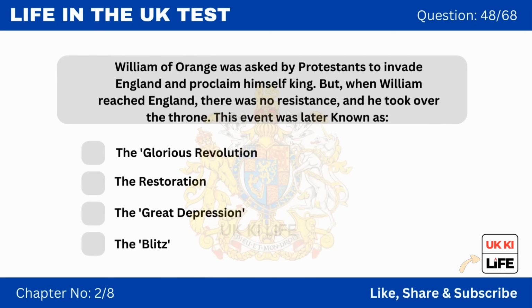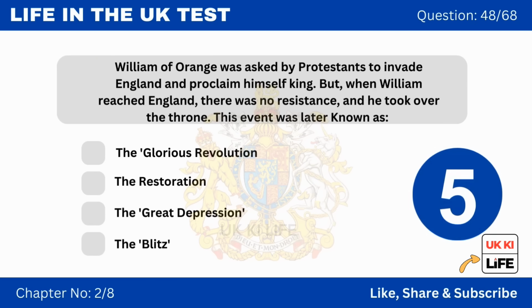Question 48. William of Orange was asked by Protestants to invade England and proclaim himself king. But, when William reached England, there was no resistance, and he took over the throne. This event was later known as the Glorious Revolution, the Restoration, the Great Depression, the Blitz.